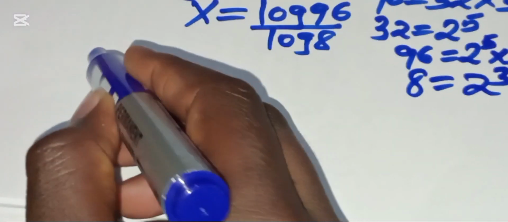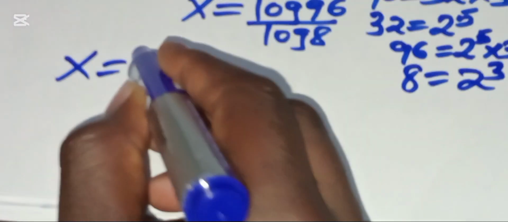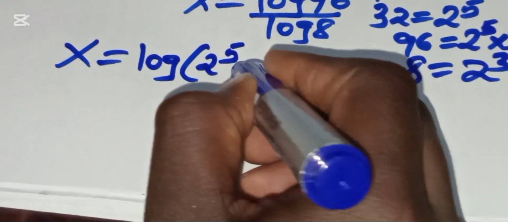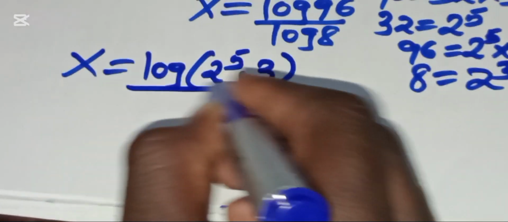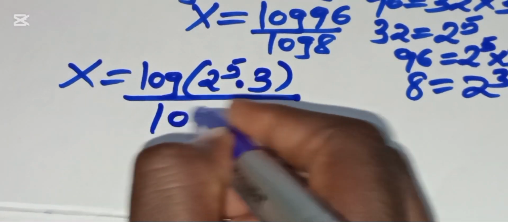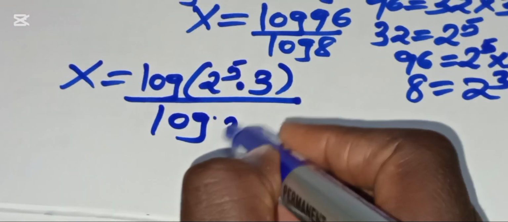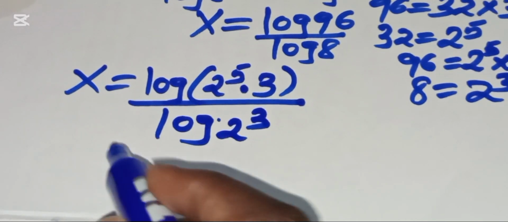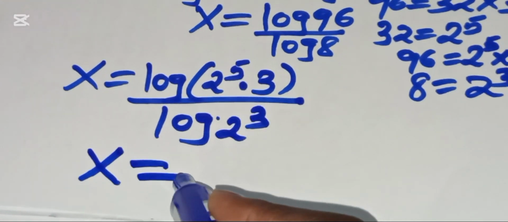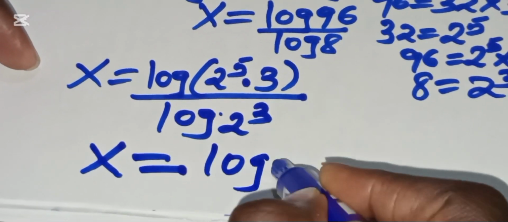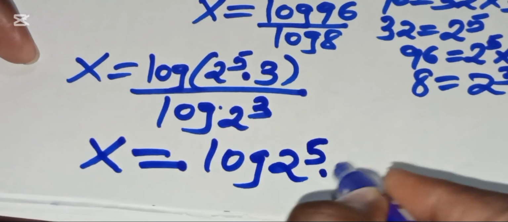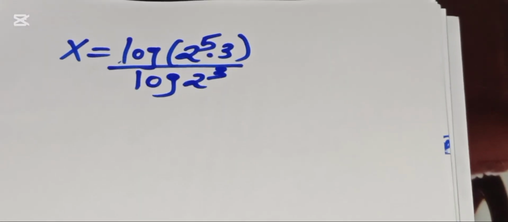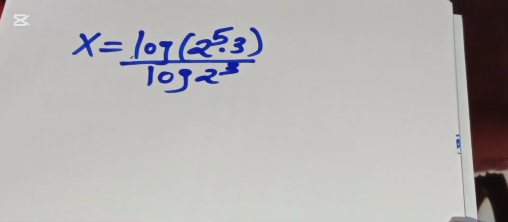We'll have that x is equal to log of 2 raised to power 5 multiplied by 3, divided by log 8, which is 2 raised to power 3. So x is equal to log of 2 raised to power 5 multiplied by 3.